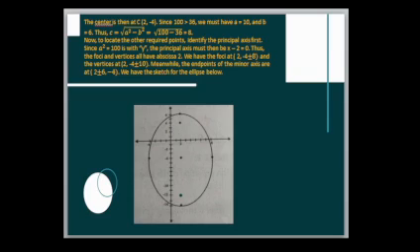And to get the foci, the formula is (h, k plus and minus c). So our h is 2 and our c is 8, and our k is negative 4 there at the center. So we have (2, negative 4 plus 8) which is positive 4, and negative 4 minus 8 is negative 12.